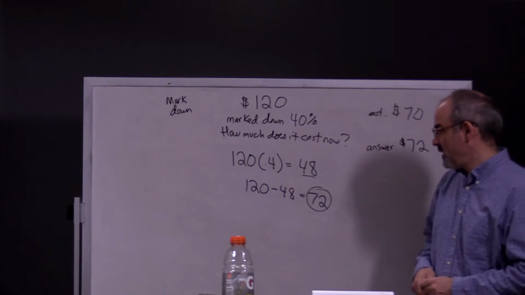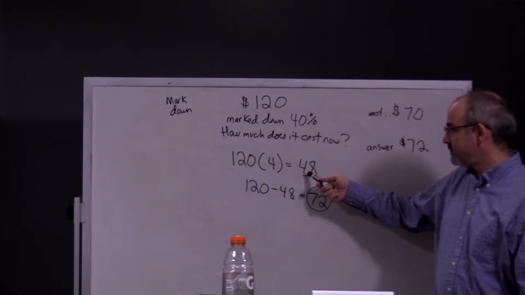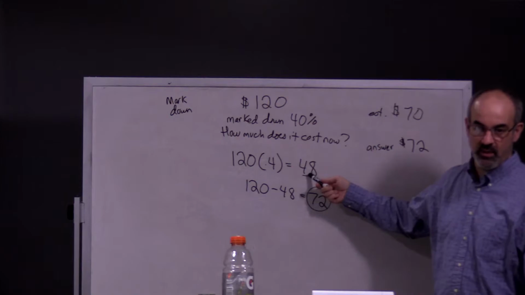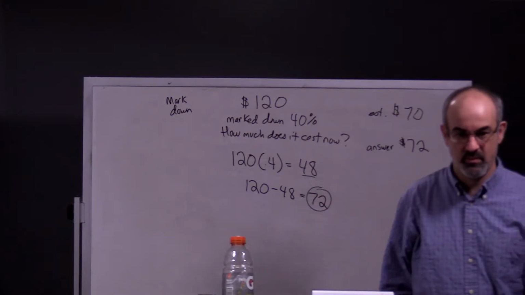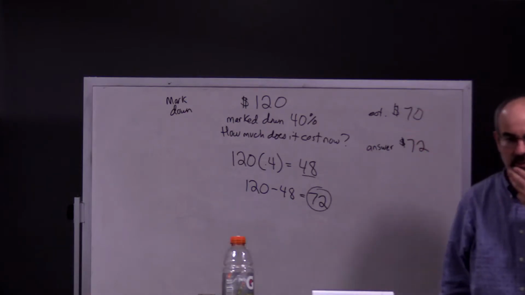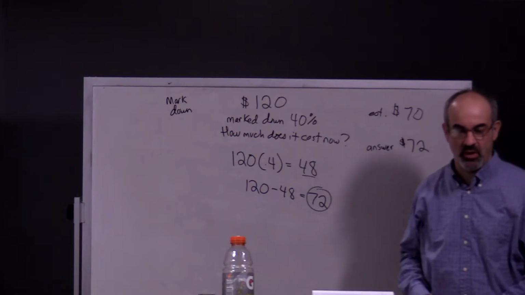So, knowing that you estimated 70, first of all, this couldn't be right. The answer has to be at least 60 or greater because it's not half off. It's only marked down 40%.